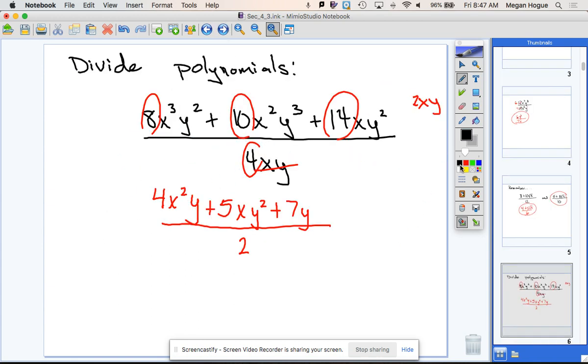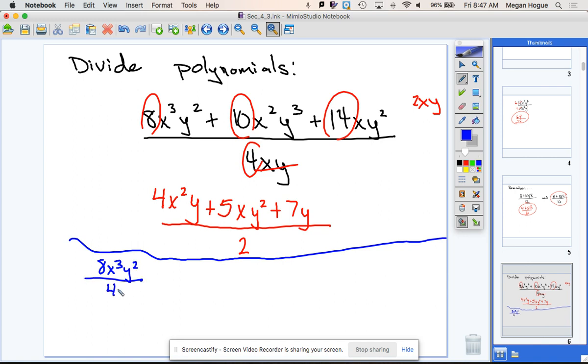And so this might help too. If I do it a different way, I don't really like this way, but you can decide, I can break it up. This is another way to do it. I can say 8x cubed y squared over 4xy plus 10x squared y cubed over 4xy plus 14xy squared over 4xy.